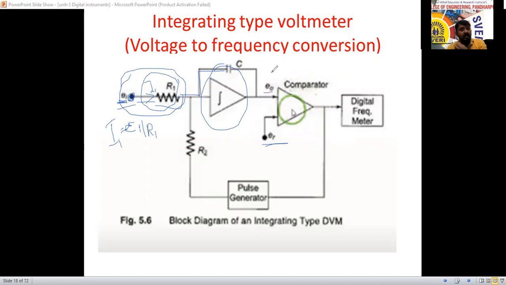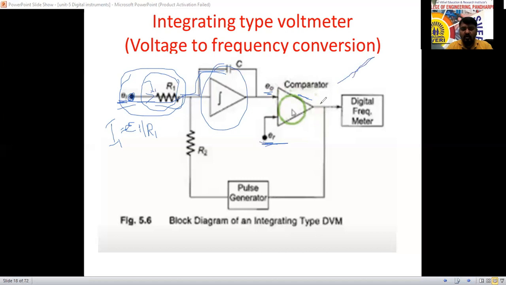Now we have taken one reference voltage, that is called ER. Here the capacitor is charging. The E0 is 0, but the comparator will give the output. The value will start to increase to give the pulse.